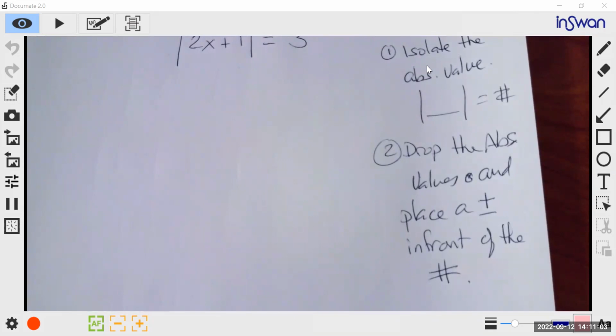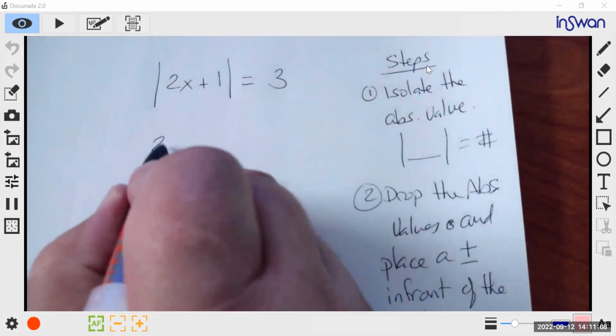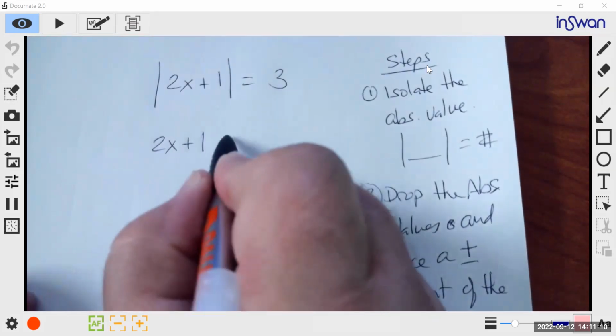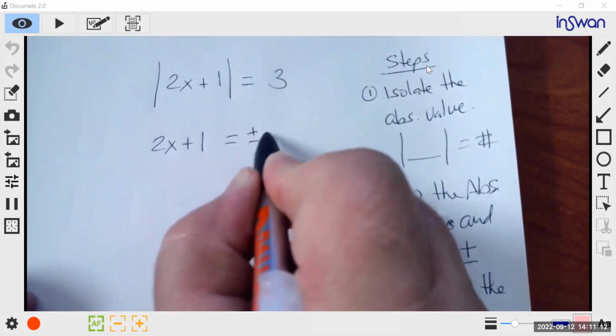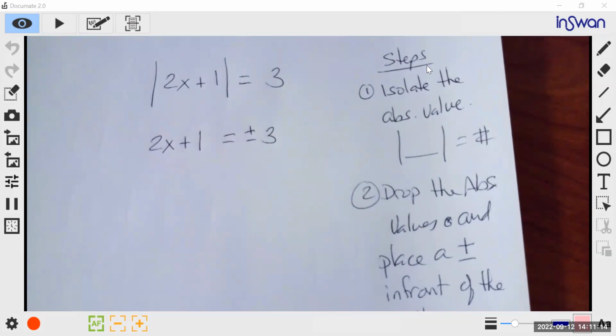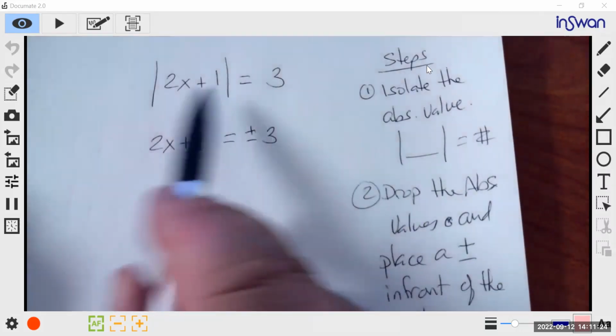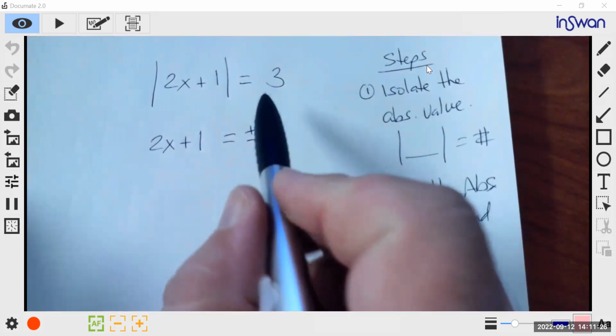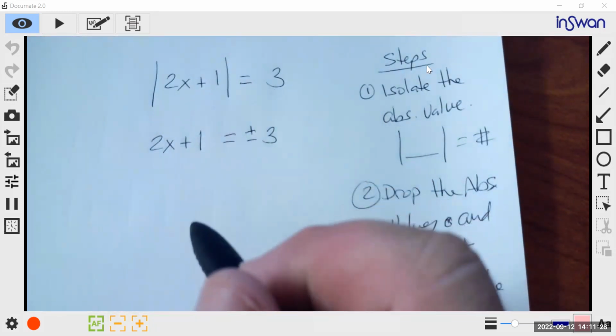If I drop the absolute value, X can equal positive or negative 4. So when I drop the absolute values here, the answer could be positive or negative 3. So whenever you drop absolute value signs, whatever's on the other side becomes a positive and negative.